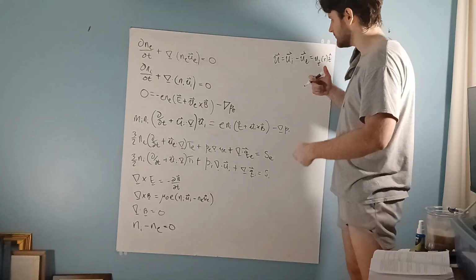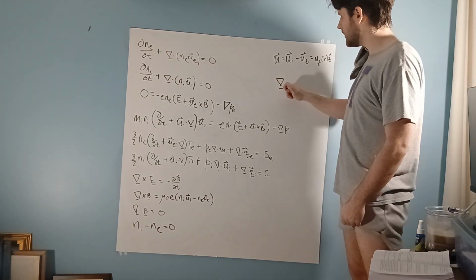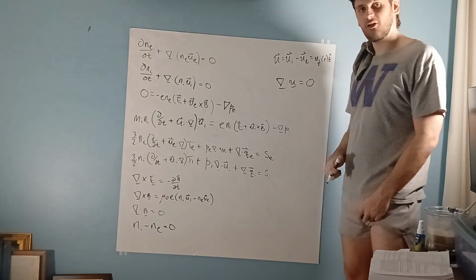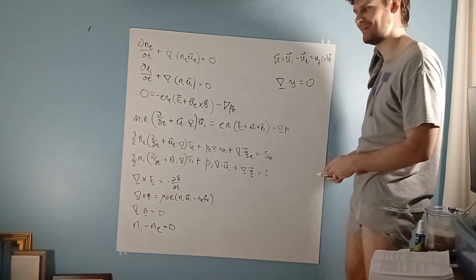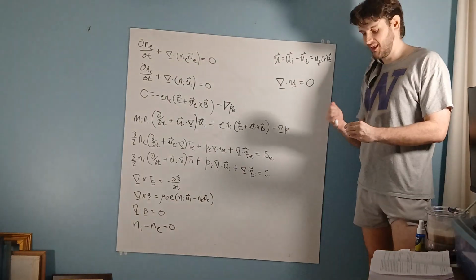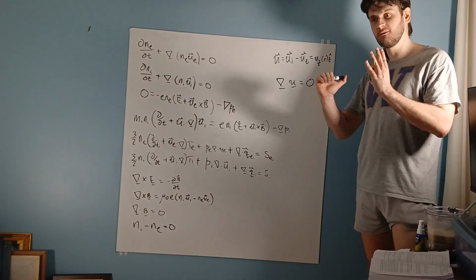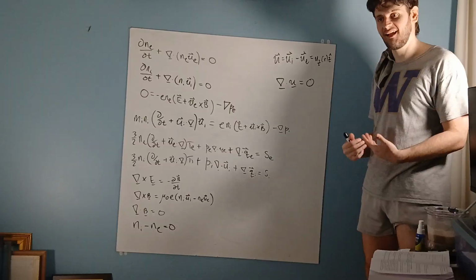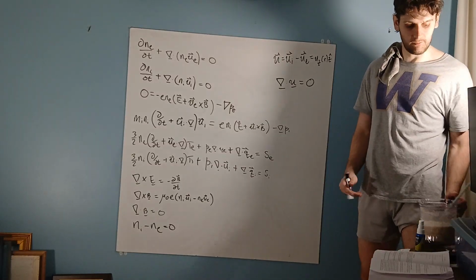So an incompressible flow is one where the flow velocity is divergenceless. It doesn't diverge, which means that if I push on a volume of fluid, right, it's not going to exhibit a net divergence. It's incompressible.